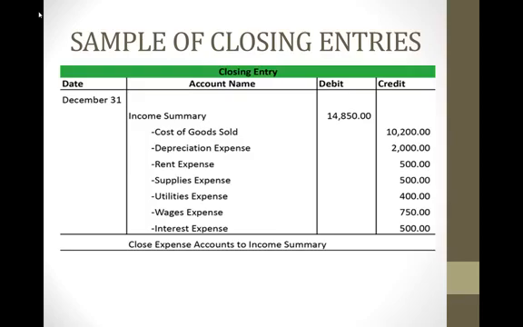So, after nyo pong makuha yung difference between revenue and expenses, you simply debit income summary and then credit owner's equity to record the net income or loss. Pag po net loss, you debit owner's equity and you credit income summary. To record net loss.